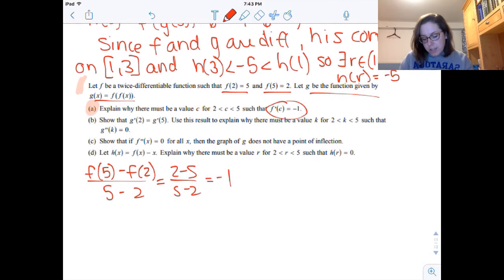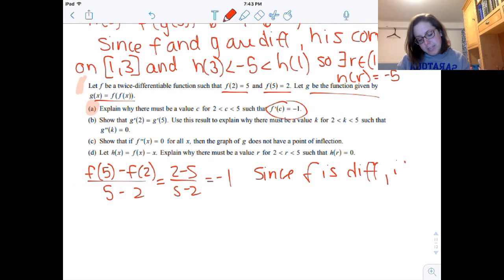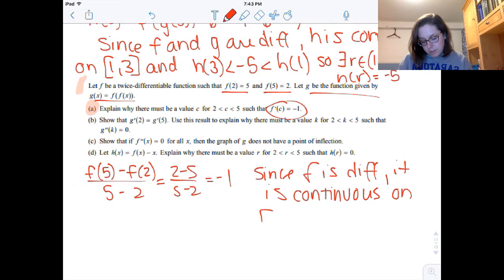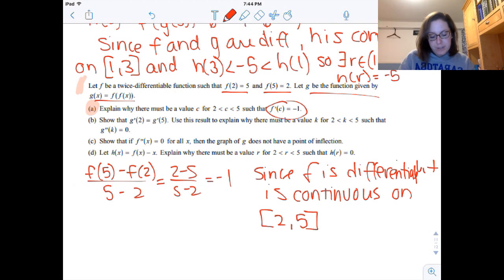So I could say, since f is differentiable, it is, and you're going to write out differentiable, it is continuous on 2 to 5, closed interval. If I don't do it, someone might not. f is continuous on 2, 5.